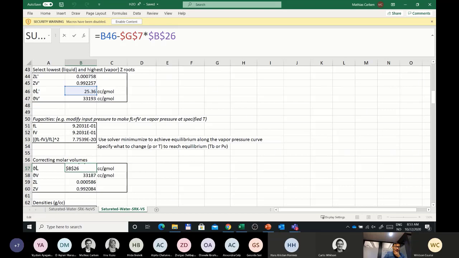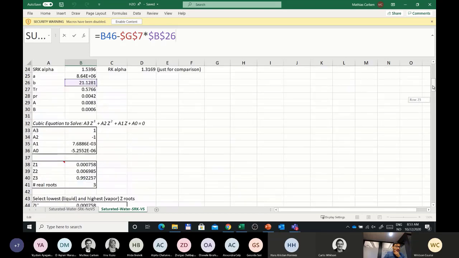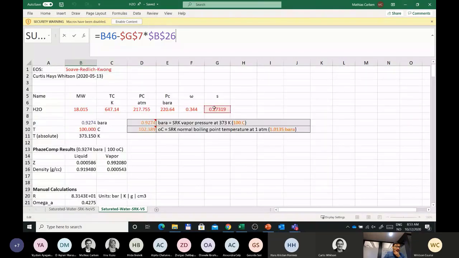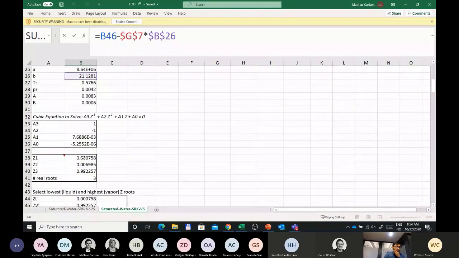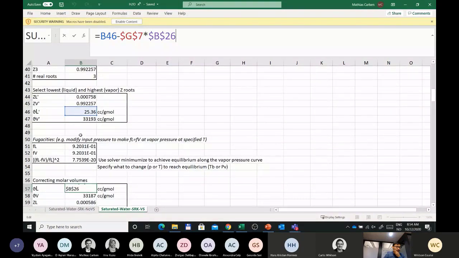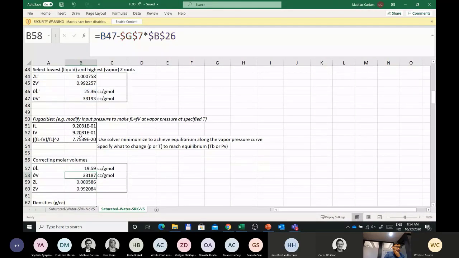The way the C is calculated is simply taking S times B. So we know that S is C over B, so C is equal to S times B, and that's done here. So that's the liquid phase Z factor, and for the vapor phase Z factor, we use the same C and do the same correction here.